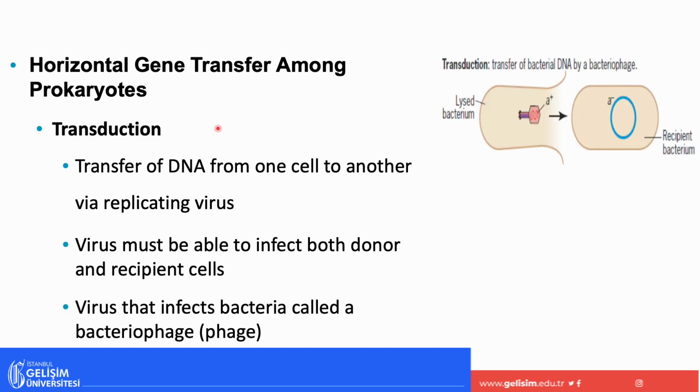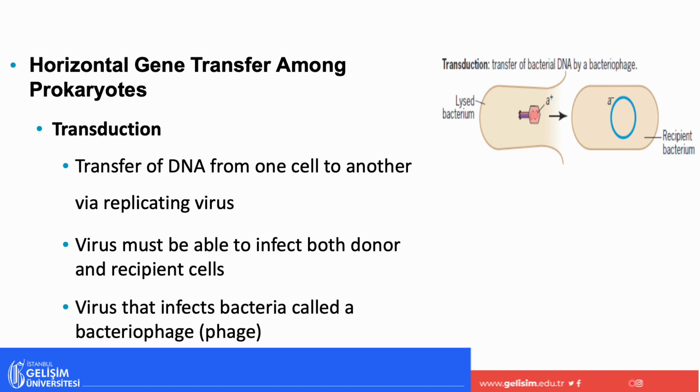All right, so during transduction, a bacteriophage infects a donor bacterial cell and replicates within it, producing new phages. So sometimes during the process of phage assembly, a fragment of the donor bacterial DNA can become mistakenly packaged within a phage capsid instead of the phage DNA.